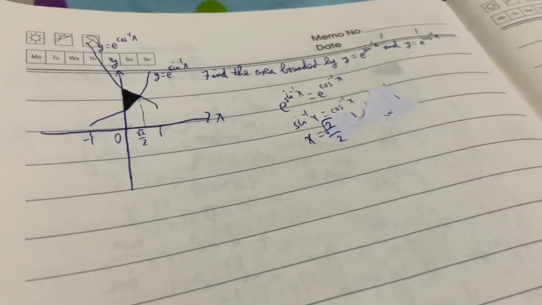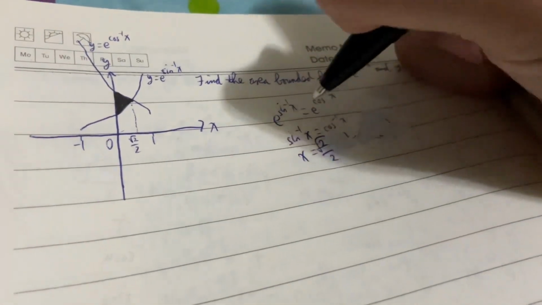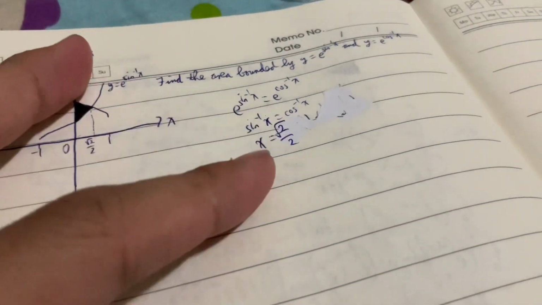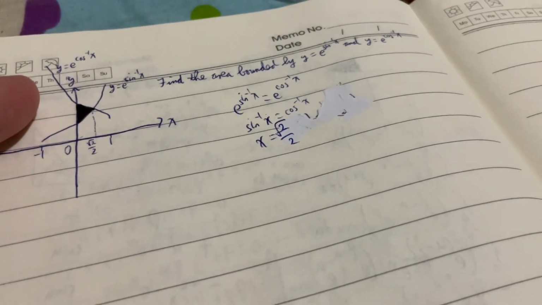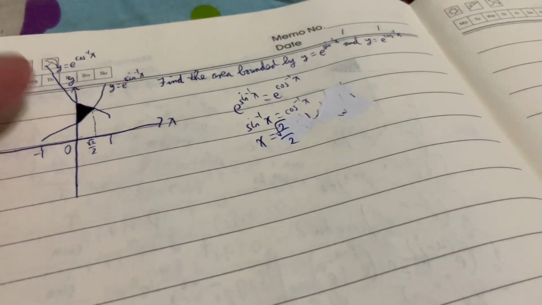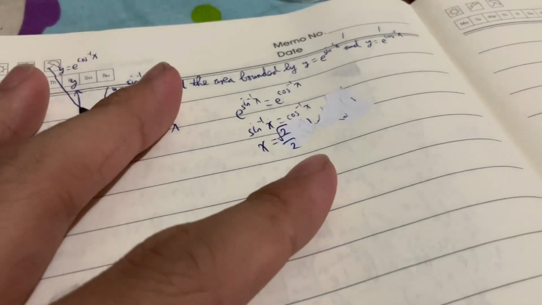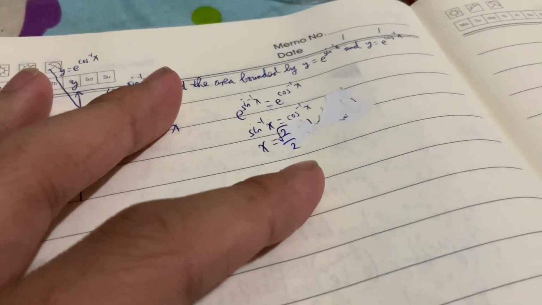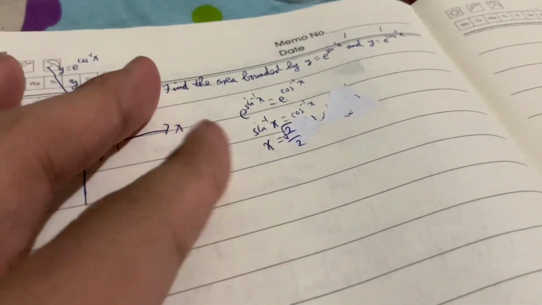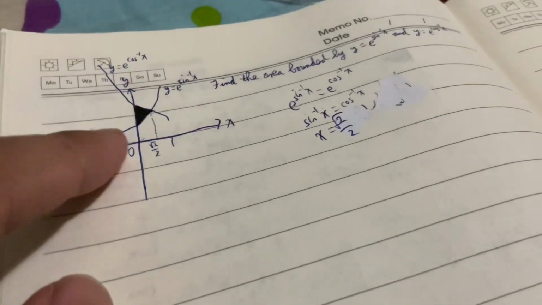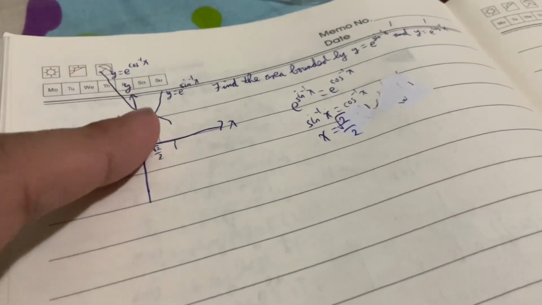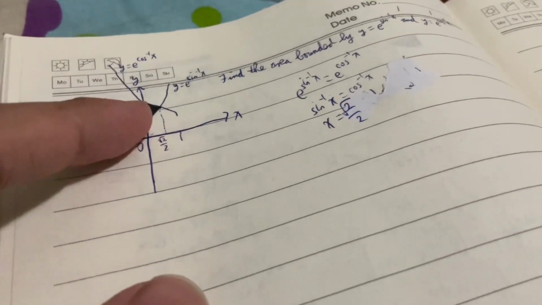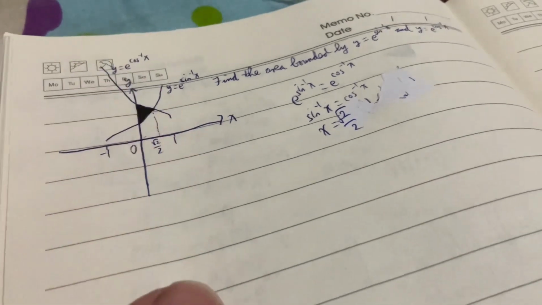But this is calculus, so we're going to use radians. So sine pi over 4 is equal to cosine pi over 4; their answers are both square root of 2 over 2. You can also write this answer as 1 over square root of 2, the rationalized version. And so our upper limit is square root of 2 over 2. This is our intersection point between this and that.